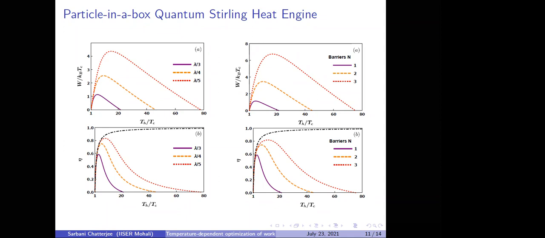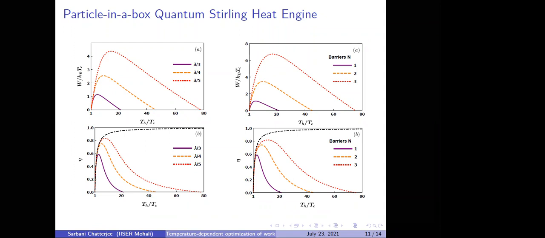For this working medium too, that is for a particle in a box, the efficiency approaches the Carnot limit for lower temperature ratios. Here, the black colored line shows the Carnot efficiency. So let us now consider the limit of the length of the box becoming very, very large.